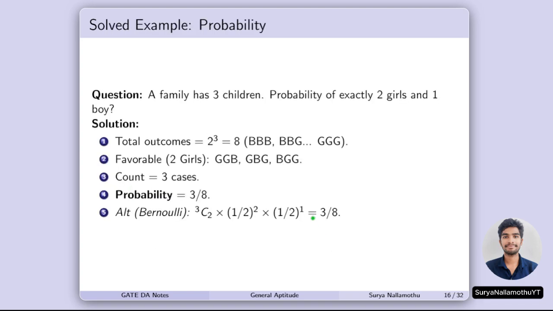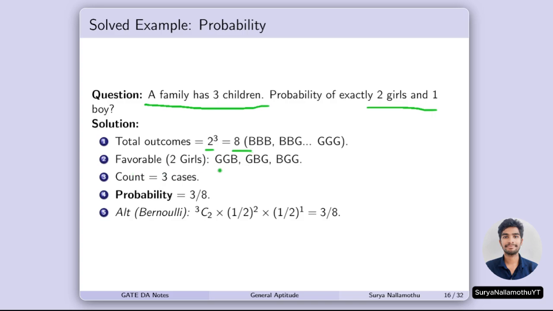And here we show that a family has 3 children. The probability of exactly 2 girls and 1 boy is very simple. The total outcomes is 2 power 3, because we have 3 children and each has 2 possibilities. So 2 power 3 means there are 8 different possibilities.